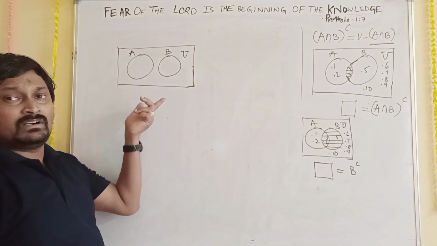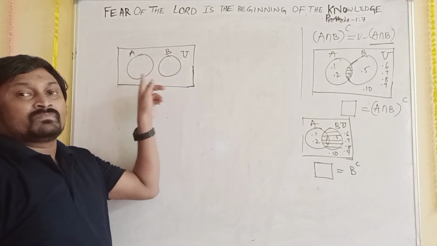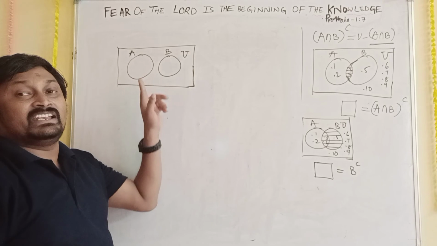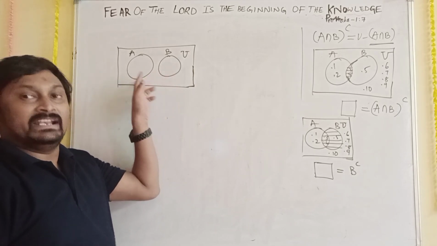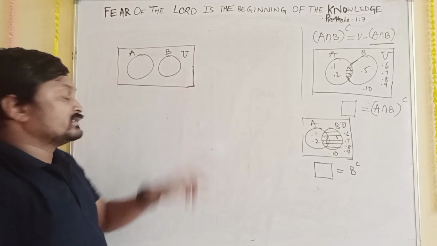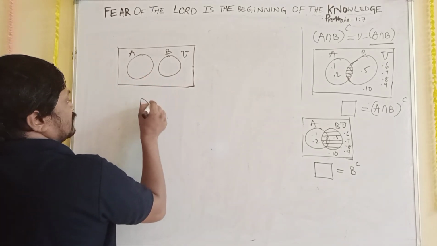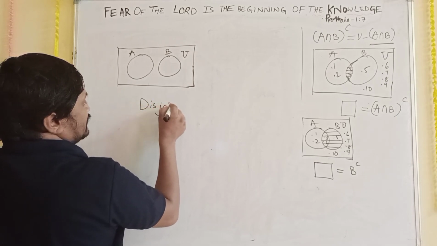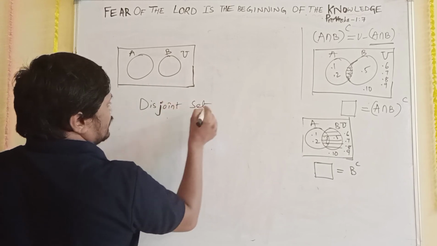There is no common area. That means these sets are independent, not dependent, so there is no common element in both sets. So we can say these are disjoint sets.